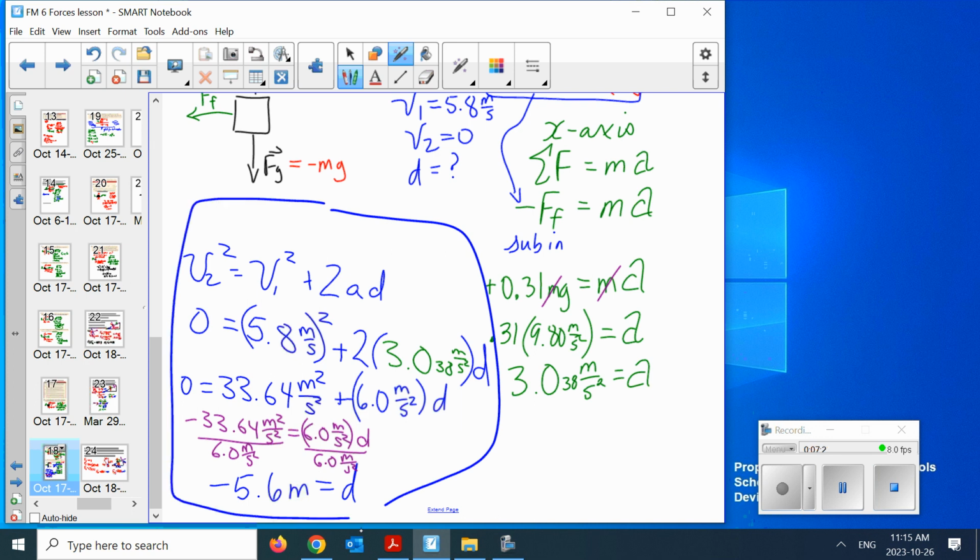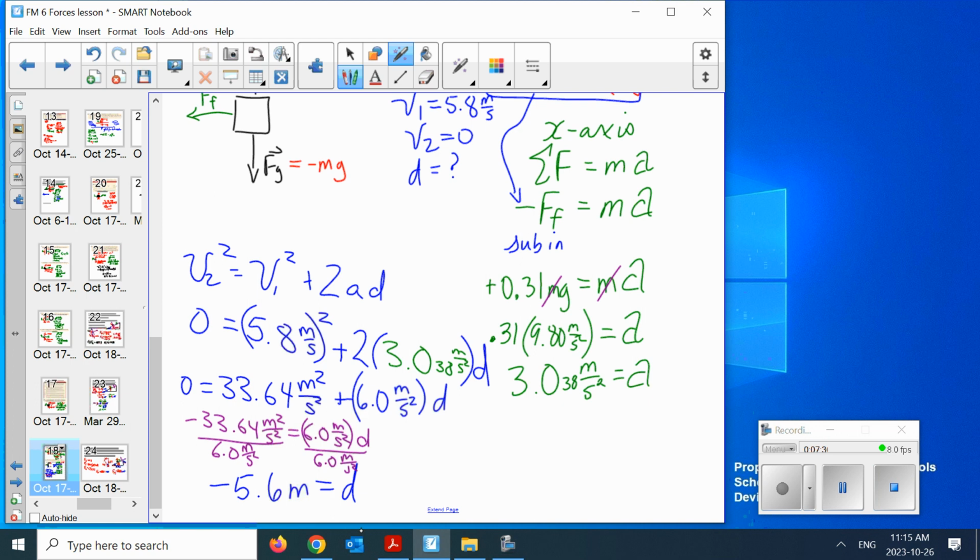I'm going to just read this. Is this what people were getting, 5.6? You can have positive 5.6. I don't mind. Okay. I think that's a rounding thing. I'm not worried about that.